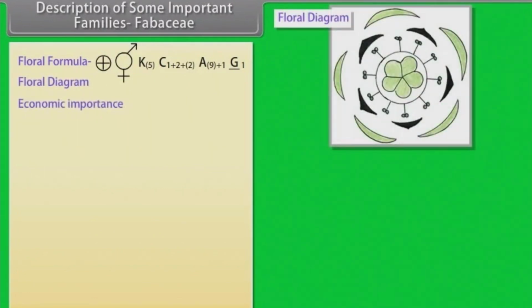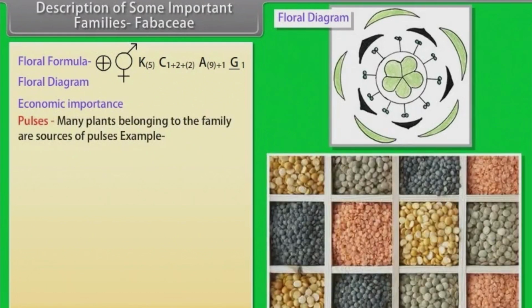Economic importance. Pulses. Many plants belonging to the family are sources of pulses.